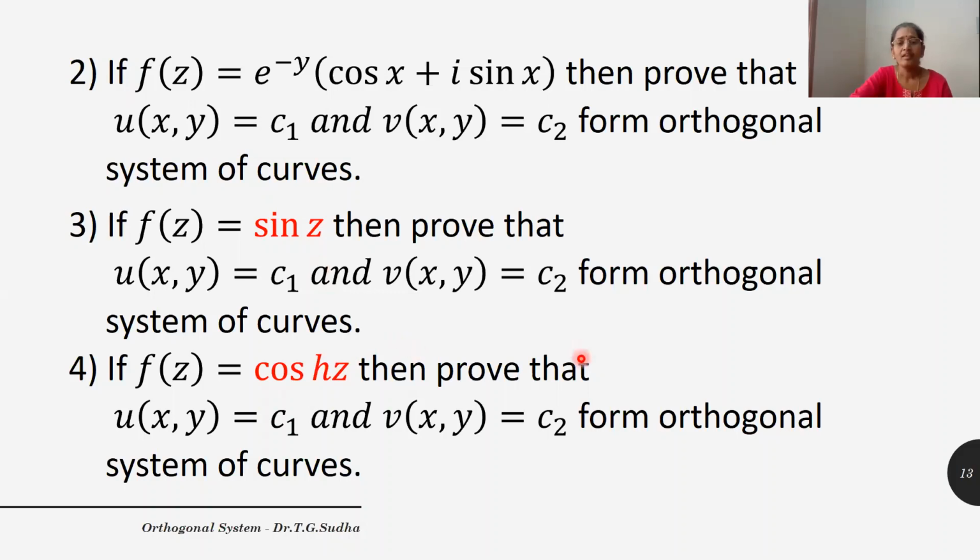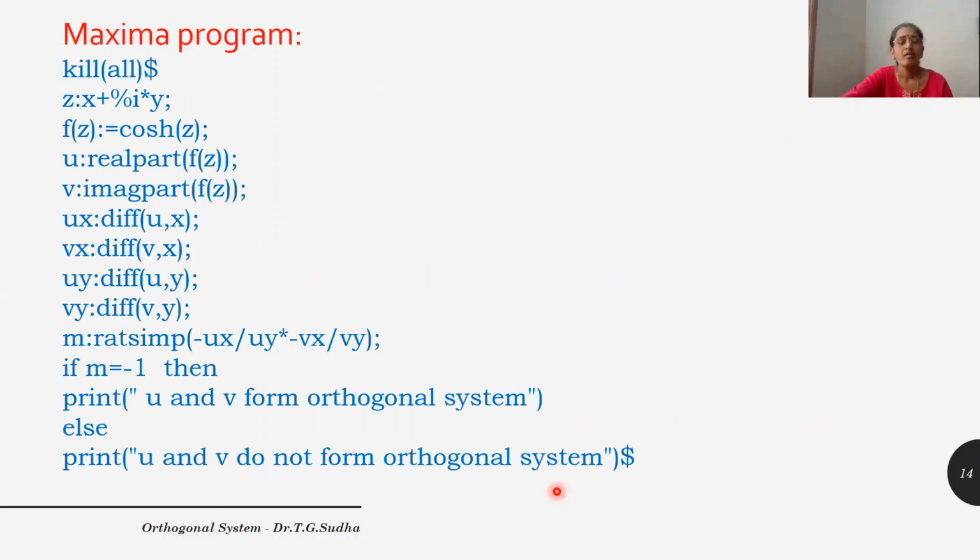So let us see one of the examples with the Maxima code. So here see kill(all). And we need the substitution for z here, that is x plus iy. So x plus %i star y. So this is the extra line we need to add when the given function is in terms of z.